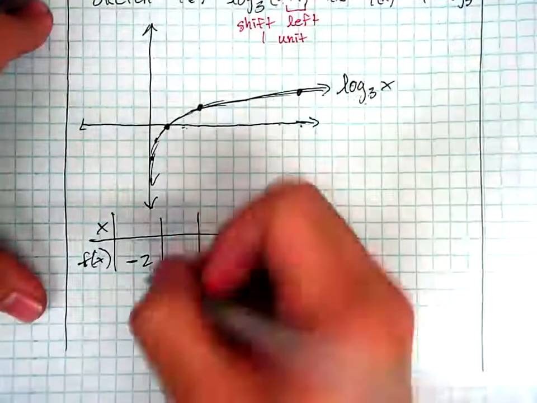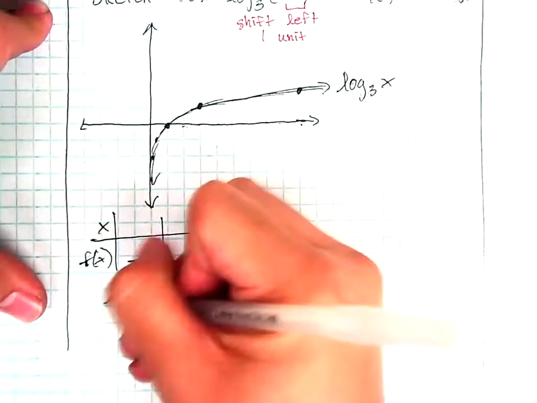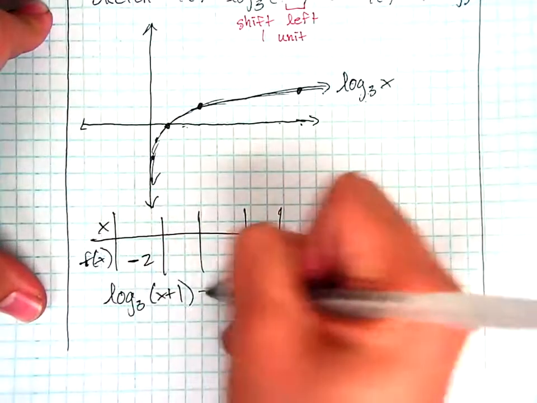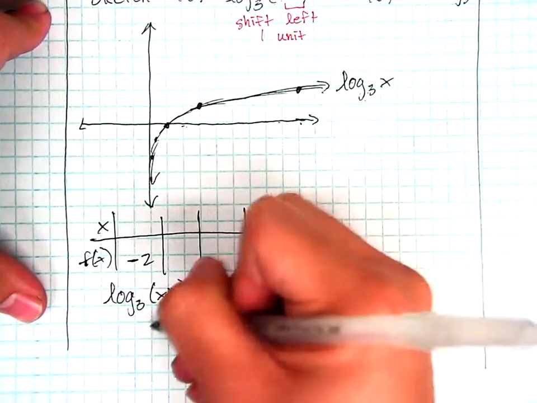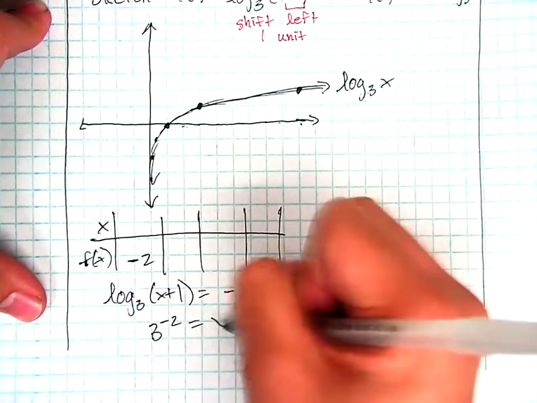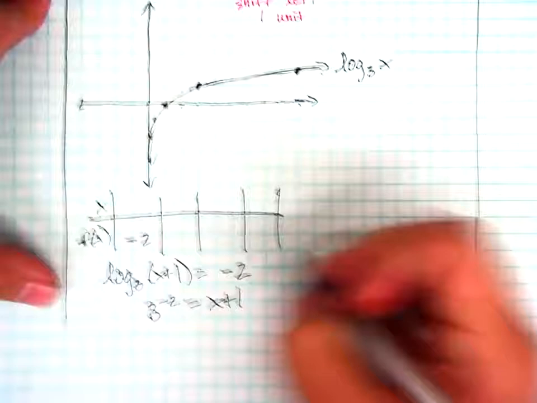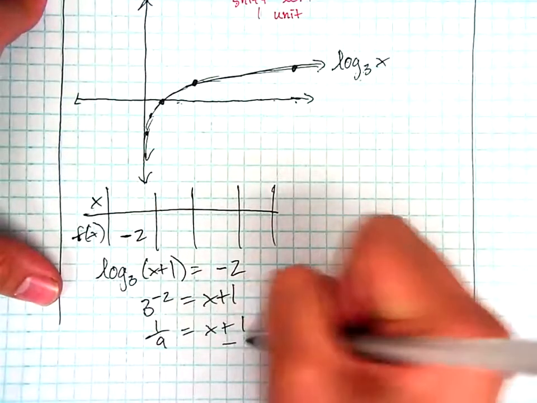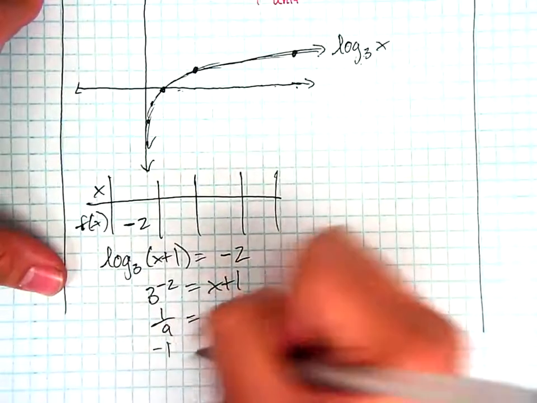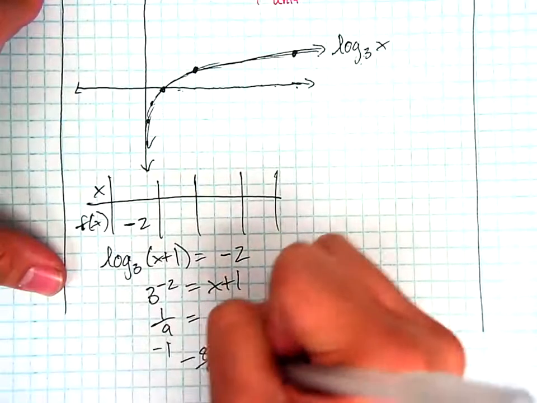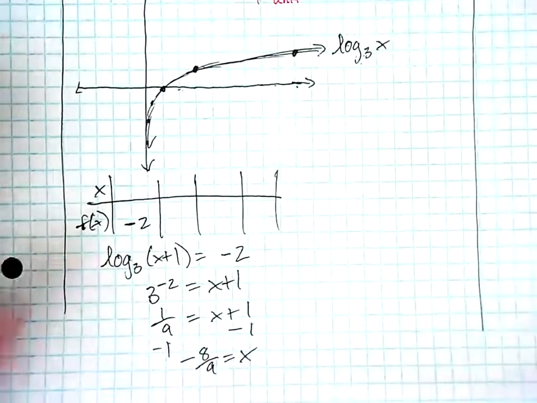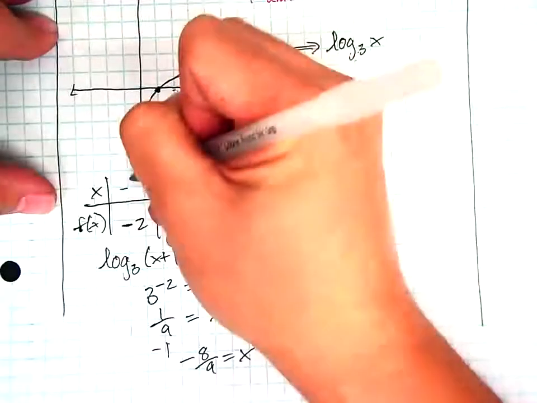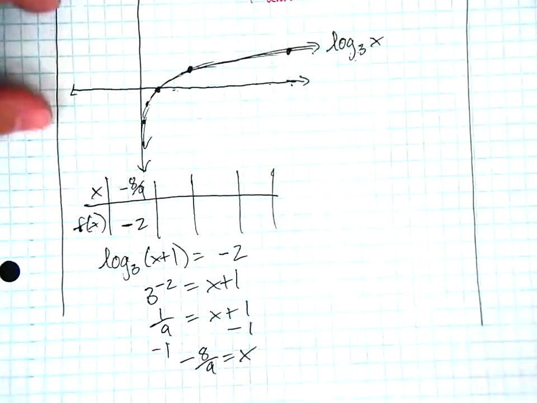So what happens is that I have log 3 of x plus 1 equals negative 2. 3 to the negative 2 is equal to x plus 1. So I get 1/9 equals x plus 1, and I have to subtract that awful number over there, and I get negative 8/9 equals x. Okay? That does help us out, at least to organize our information.